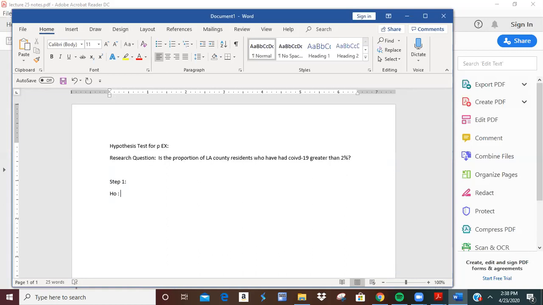Our null hypothesis is that we're going to assume this percent is 2% unless proven otherwise. So that's coming from this part here. And the alternative is, we want to know, is it greater than this? Our significance level for the test is 5%.